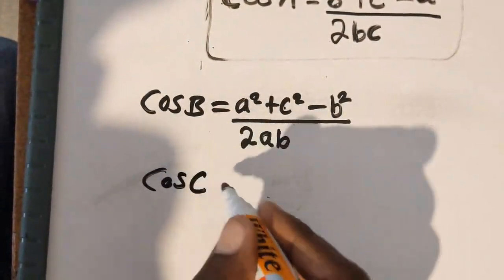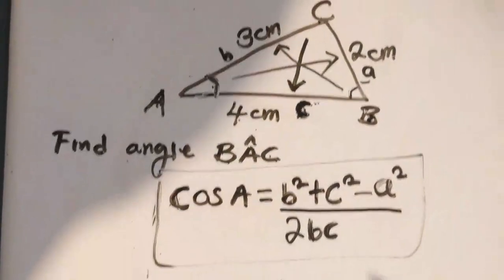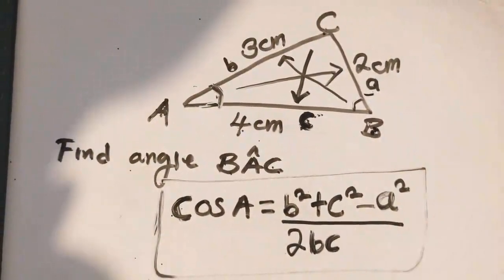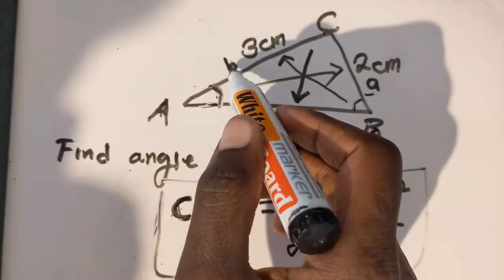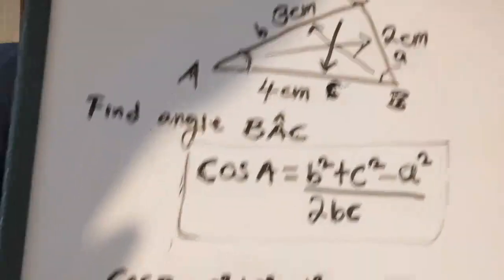Cos C is equal to the sides that are on the middle, there is B and A. So you just square them.